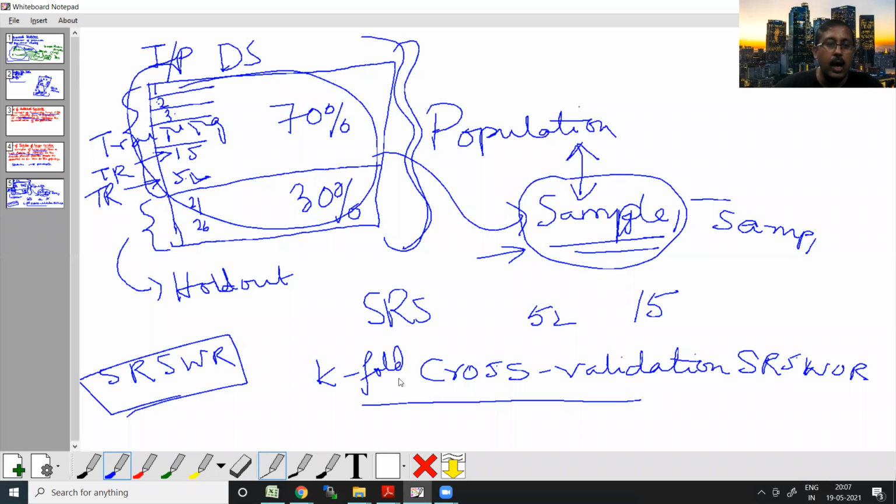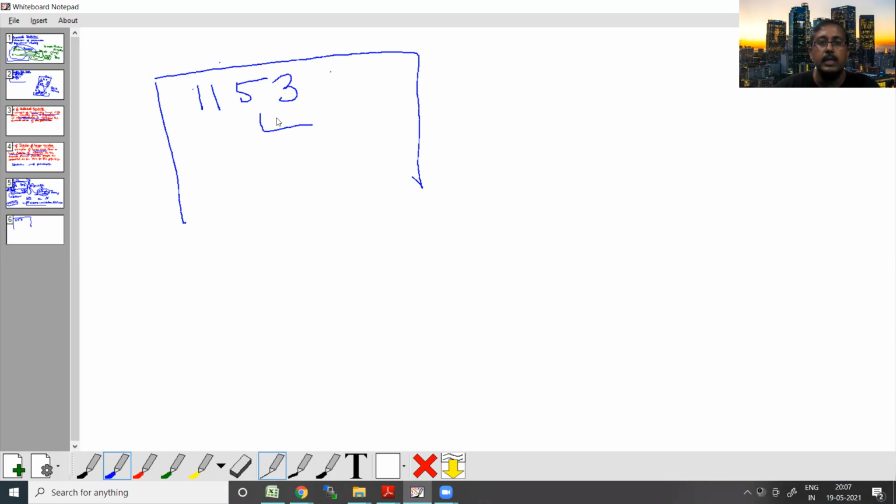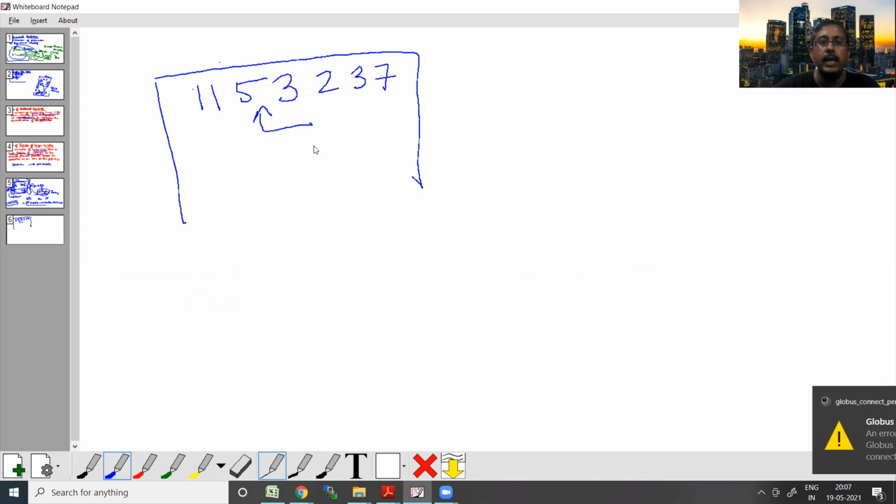Now again, the concept of the random number table, we definitely use that here, the same way as we have discussed. There are different numbers given as part of the random number tables, and we can start from an arbitrary place and keep picking up values from there. For example, we can start from here and pick up each of the two-digit numbers.